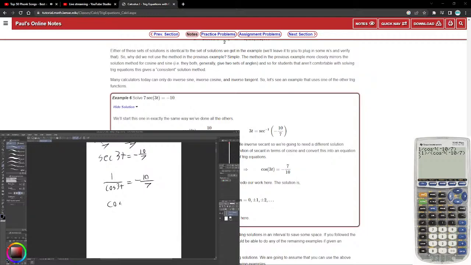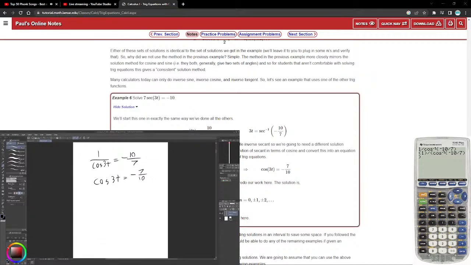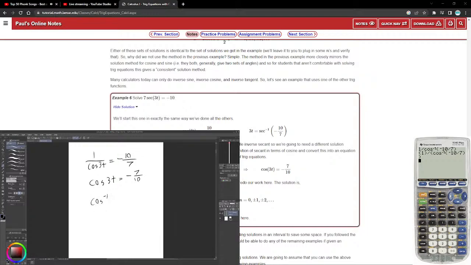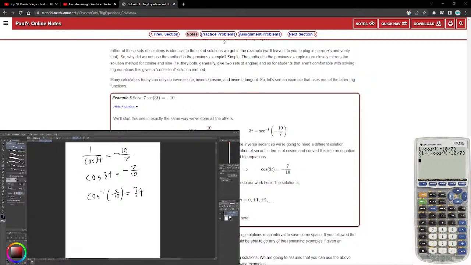So if I do this, this just flips. Really? Okay. So find the inverse of -7 over 10 equals 3t. So inverse cos -7 over 10.